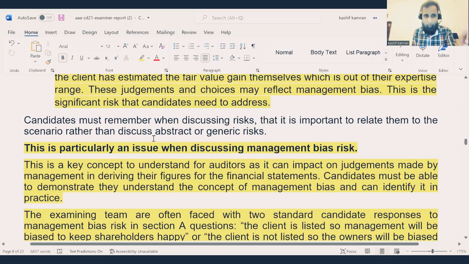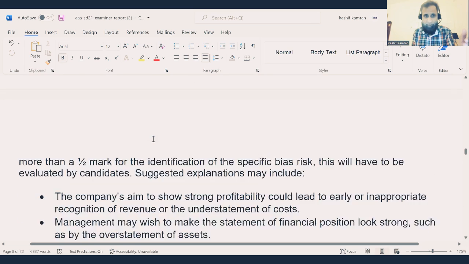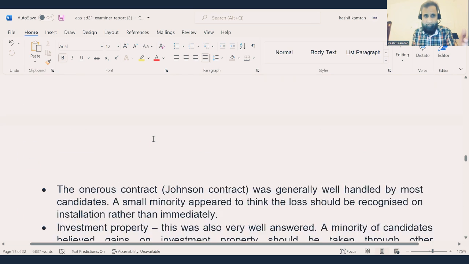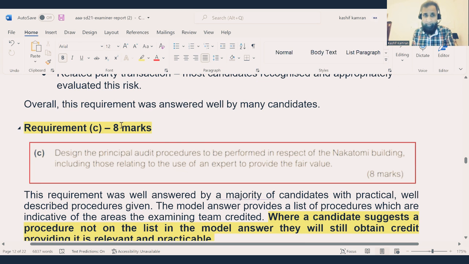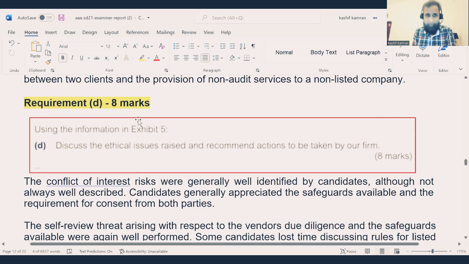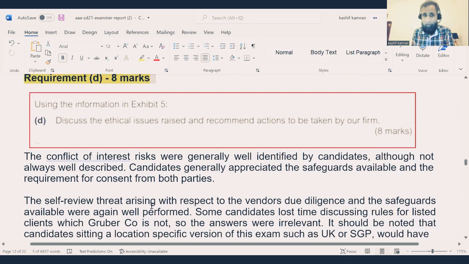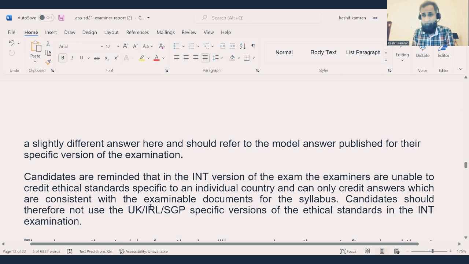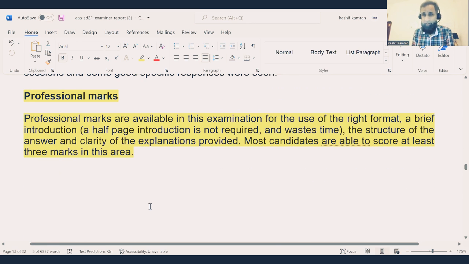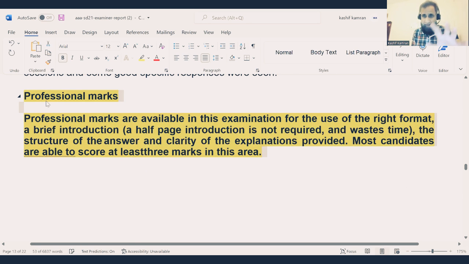Page 1, page 2, page 3, page 4. Then it comes to the 8 marks requirement, which is the procedure. Then the examiner tells us the D marks, ethical issues. So it's almost 8 to 9 pages, question number 1 only. But please try to find time reading it, because that will really benefit you. I've already explained the criticism of the professional marks in my presentation.